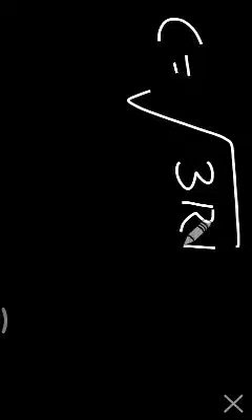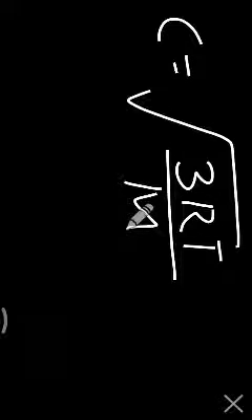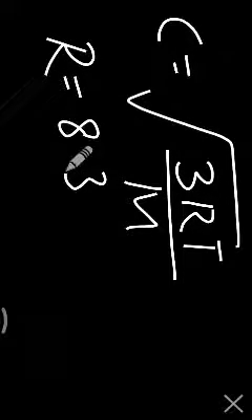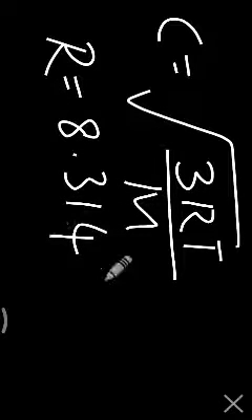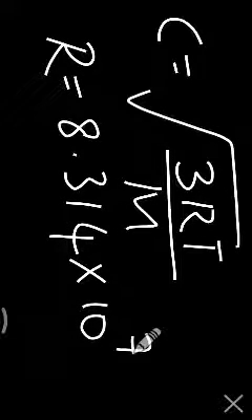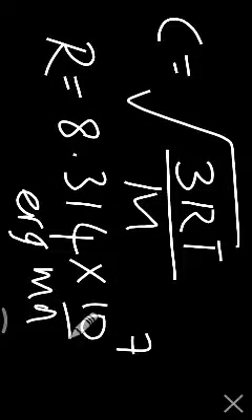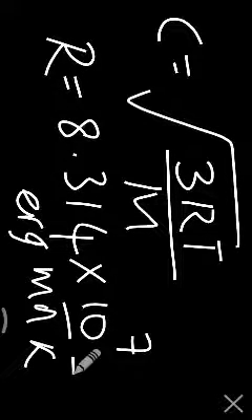It is given by C equals under root of 3RT by M, where T is the absolute temperature, R is the gas constant. The R value you have to use is 8.314 into 10 power 7 erg per mole per Kelvin. When you use this one, only then you get the RMS velocity in centimeters per second. Remember, you have to use this value.